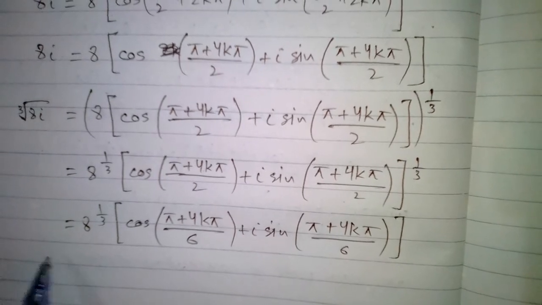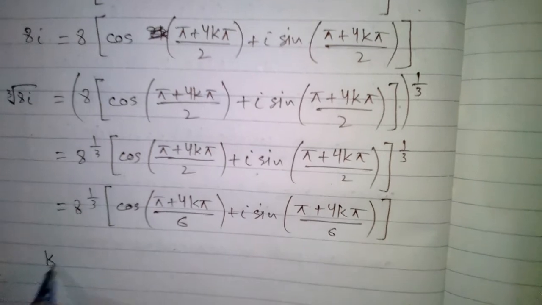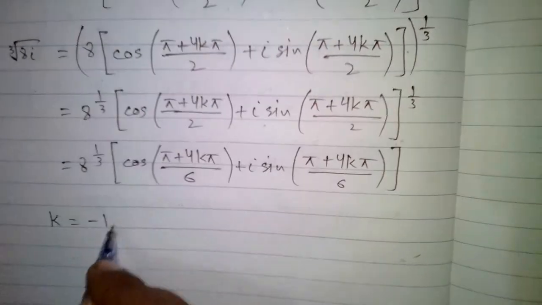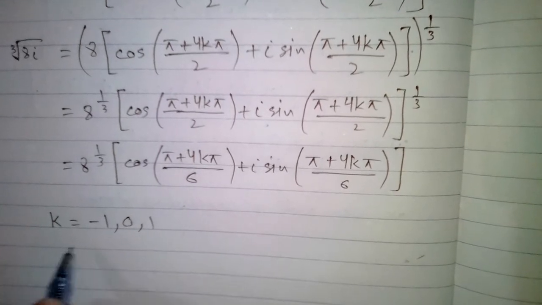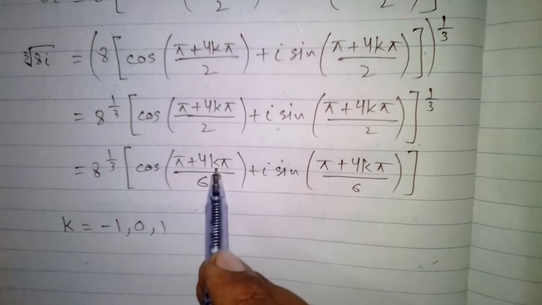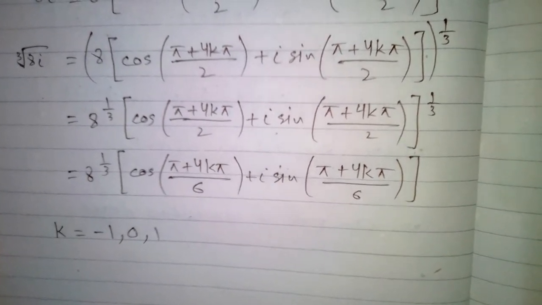And now we can get the cube root of 8 iota by putting the value of k as 3 consecutive integers. We can take -1, 0 and 1. So we will put -1, 0 and 1 in place of k over here, so that we will get the 3 cube roots of 8 iota.